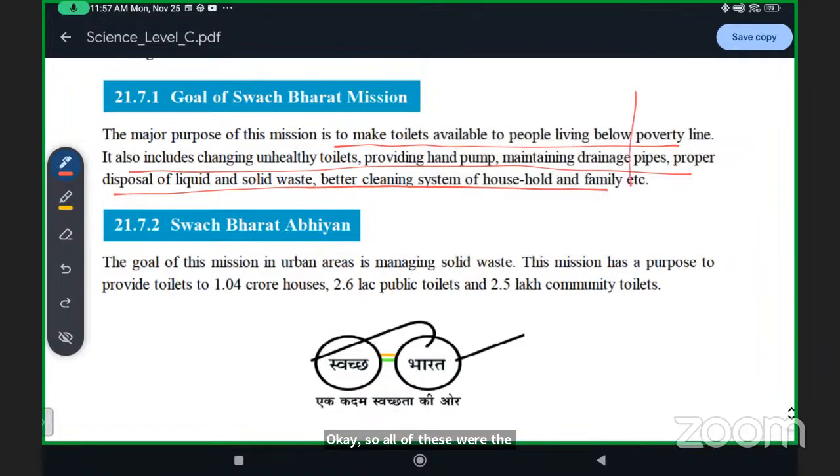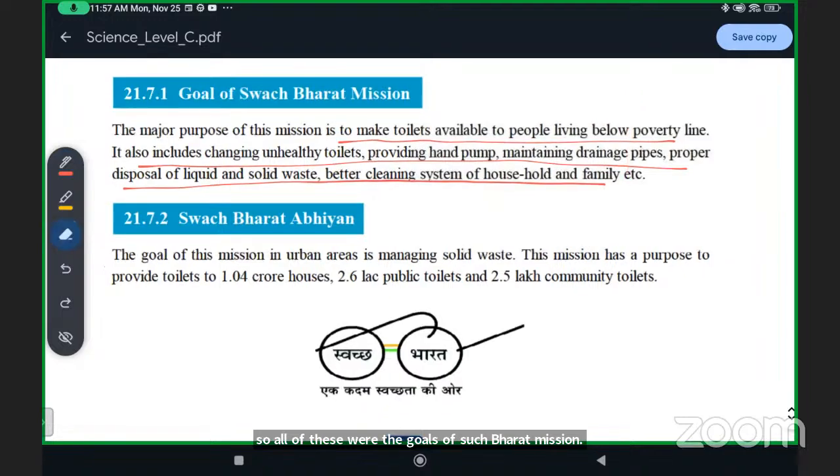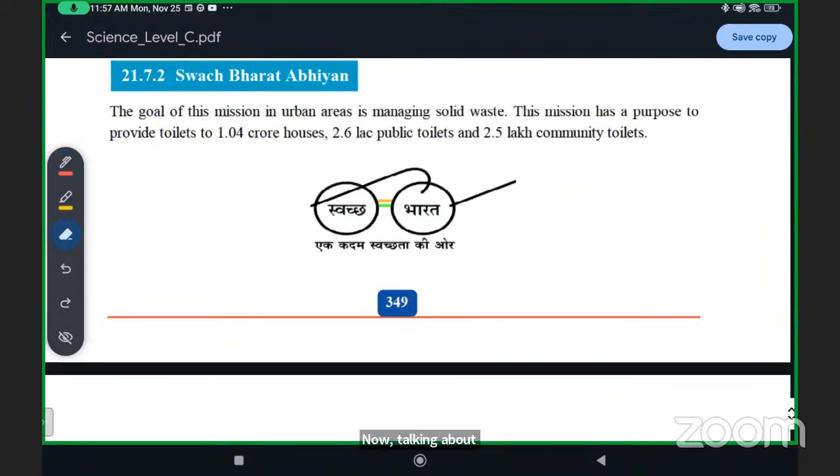Now, talking about the Swachh Bharat Abhiyan, the goal of this mission in urban areas is managing solid waste. In the cities, the main goal was to manage solid waste. This mission has a purpose to provide toilets to 1.4 crore houses, 2.6 lakh public toilets, and 2.5 lakh community toilets.